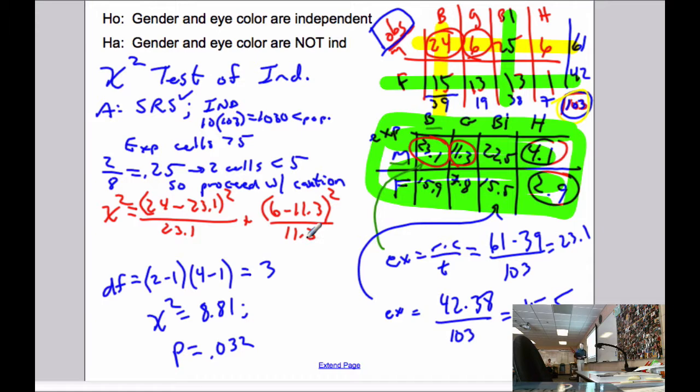Don't forget to square it. Plus dot, dot, dot. You don't have to keep writing them out. Just do 2 of them so we go, yep, they set it up right, and then move on. It's just like the binomial distribution, remember? I said do 2 of them and then you can be done. Just do dot, dot, dot, same kind of scenario. We've got our degrees of freedom. We wrote that down when we were looking for our expected cells. We got our chi-squared value and we got our p-value.